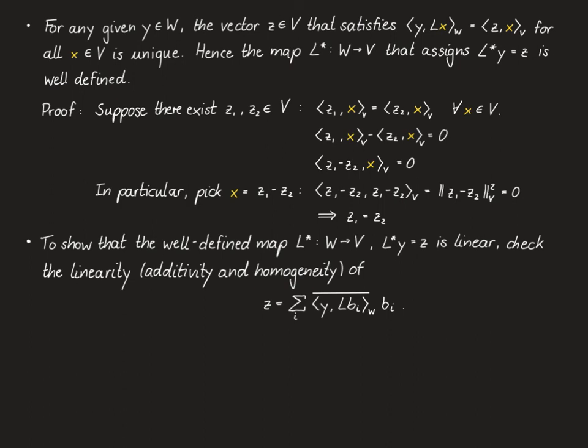And it's easy to see that they are satisfied, as we can just substitute y1 plus y2 here, then pull these inner products apart, and then also split the sums into two separate sums. And analogously, we can add alpha times y here, then pull this alpha out, which by conjugate linearity has to be the complex conjugate of alpha, but then we have the complex conjugate here, so it becomes alpha again, and hence homogeneity is satisfied.